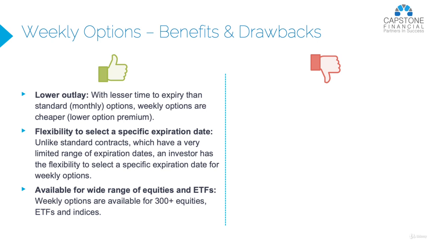The flexibility to select a specific expiration date is also a very important piece, because if you buy a monthly and you do not want to be in the option for earnings, you can simply wait and after earnings purchase what would be considered a monthly option. Now, you don't necessarily need to buy a monthly option at the beginning of each month.